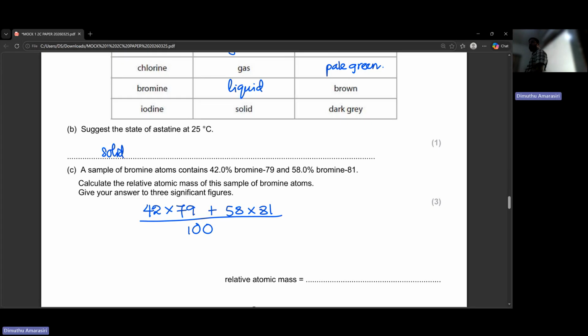You multiply the percentage by the isotopic mass and do it again, and divide the total by 100 to find the relative atomic mass.